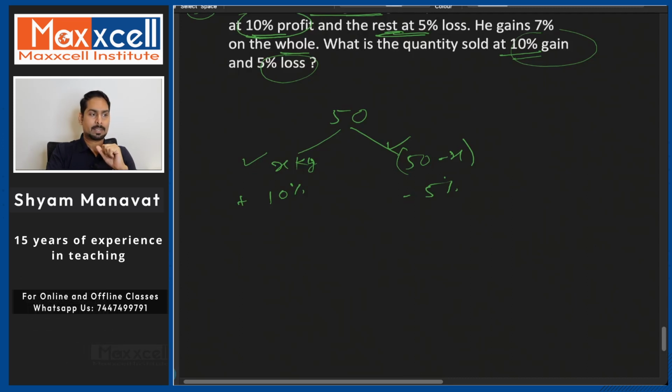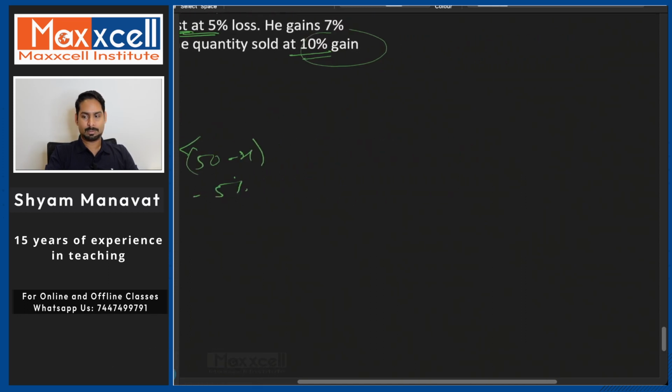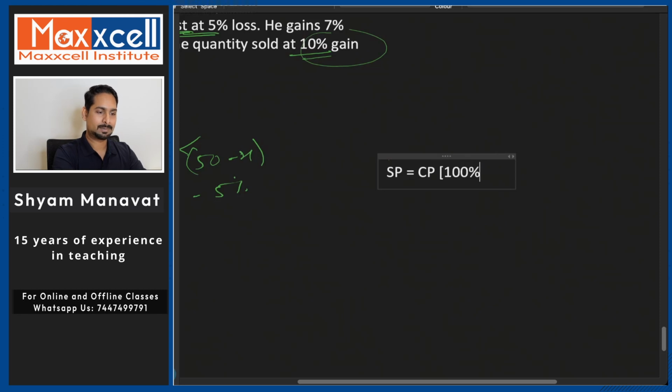So do you remember this formula of profit and loss? If not, that means you have not gone through my profit and loss videos, or even if you have and you don't remember, guys, you need to revise things. If there is a profit, then selling price equals cost price into 100% plus profit percent.